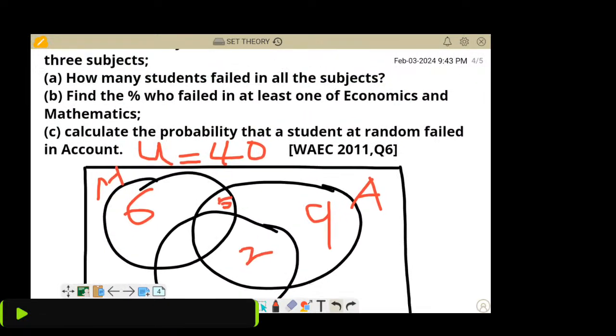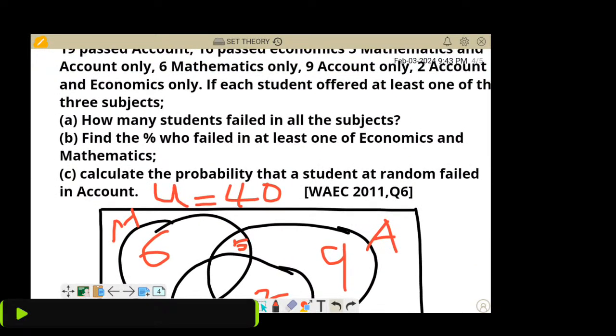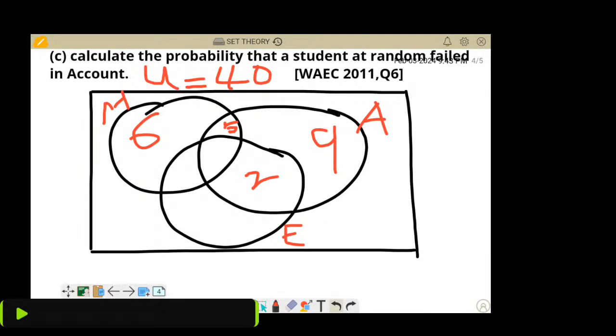First question here is, let's use a letter to represent the number of students that pass all subjects. Let's say we use X because this place represents students that pass all subjects, and let's use Y to represent students that pass both mathematics and economics only, and let's use letter Z to represent economics only.